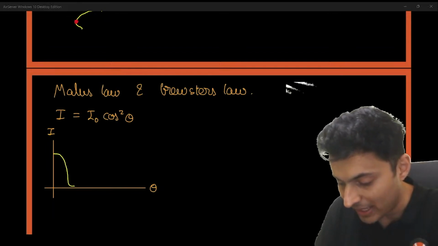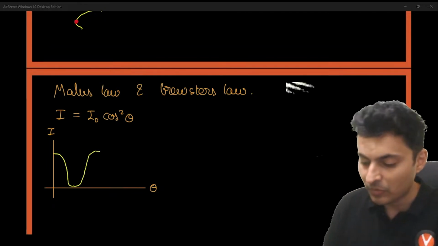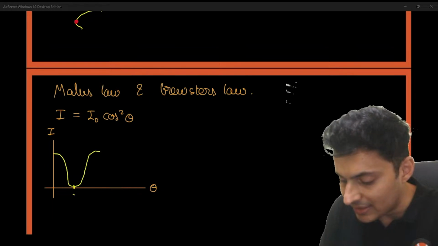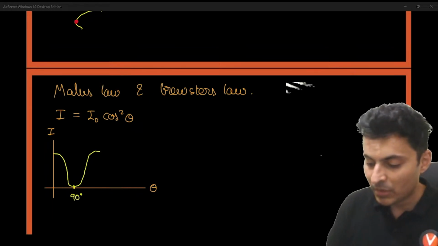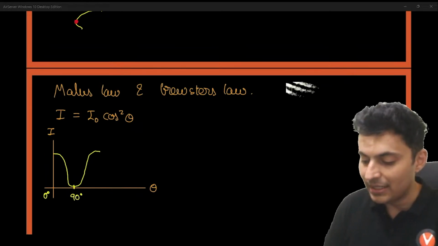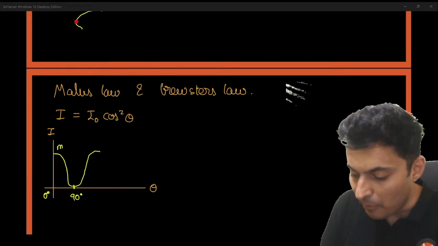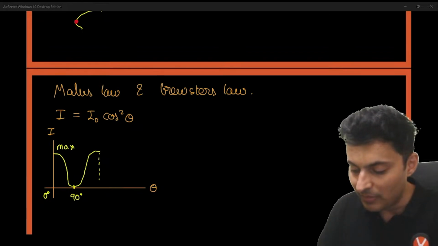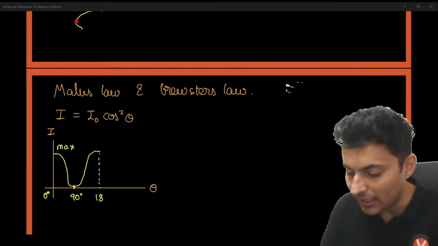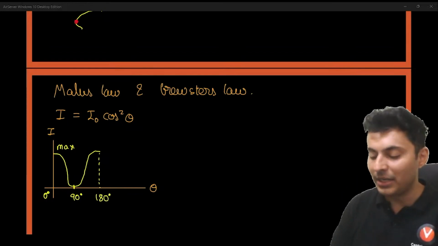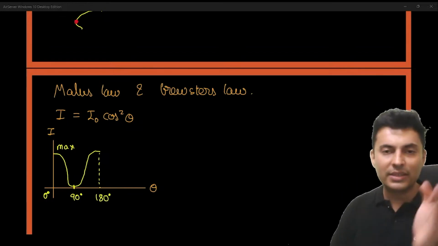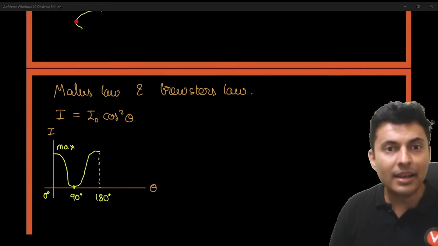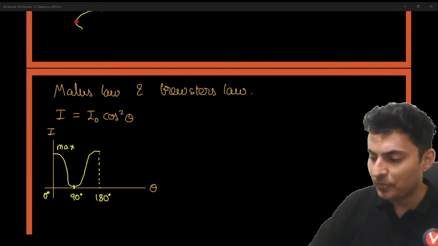Please remember, it's squared. It becomes zero intensity at 90 degrees, and maximum intensity at zero or 180 degrees, and it keeps on repeating. So at 90 and 270 degrees nothing passes. At 0 and 180 degrees, maximum light passes.